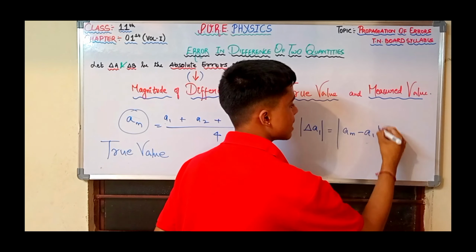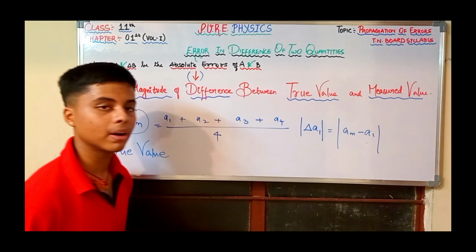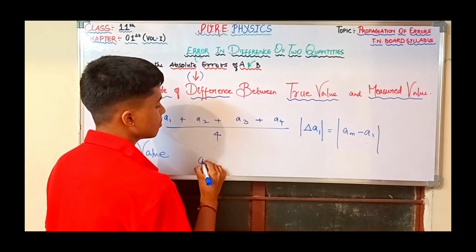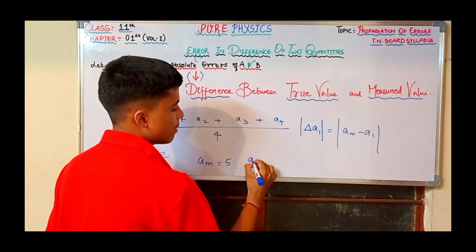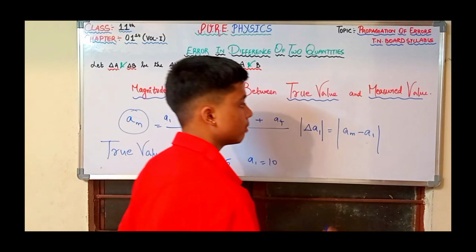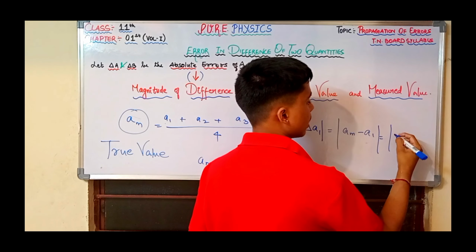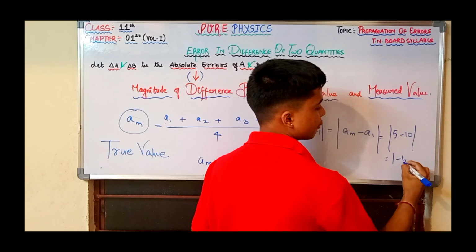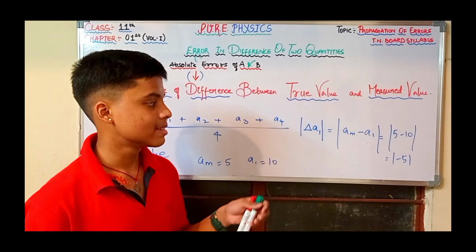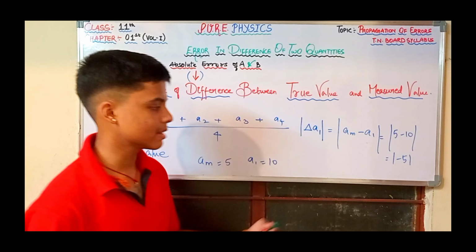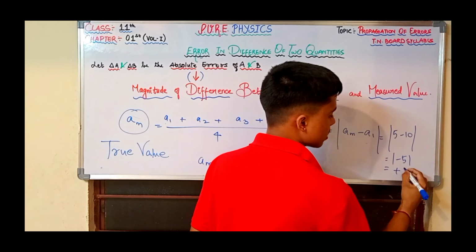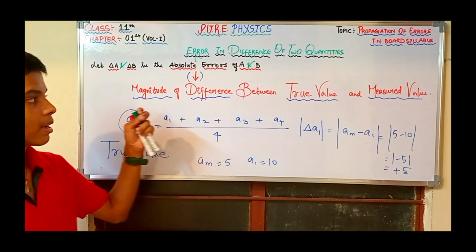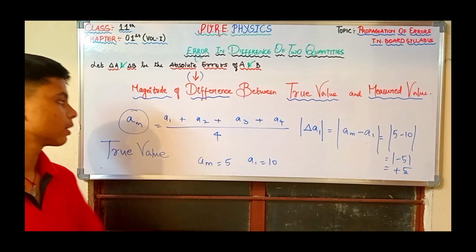So modulus of AM minus A1 will give you delta A1. Now let me give you a numerical value. If my AM is 5 and A1 is actually 10, then modulus of 5 minus 10 is equal to modulus of minus 5. Whatever sign you have inside the modulus, the answer will always be positive. So this is what absolute error means.